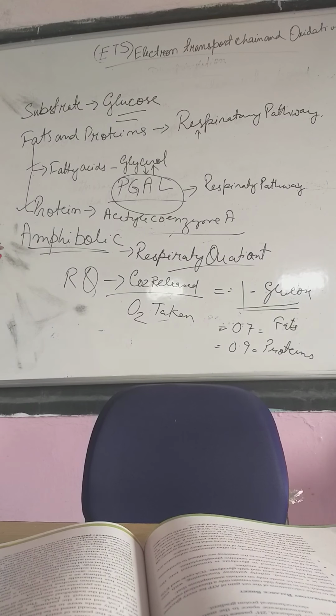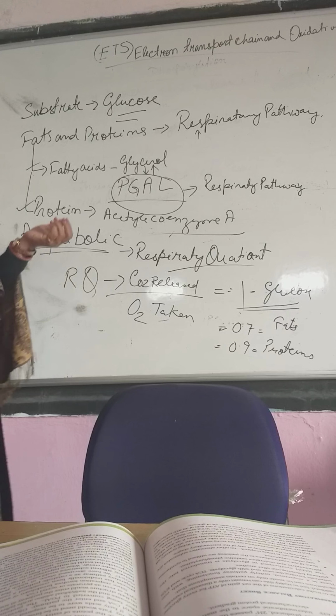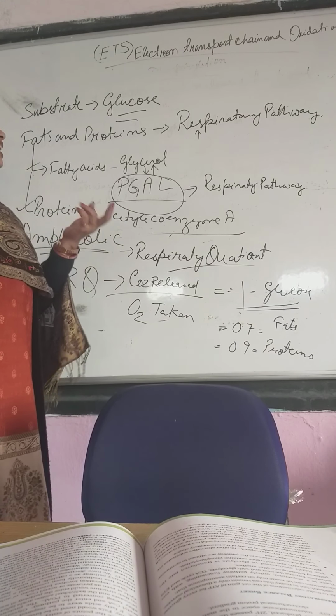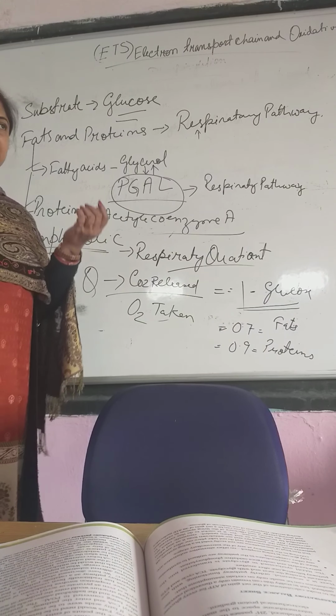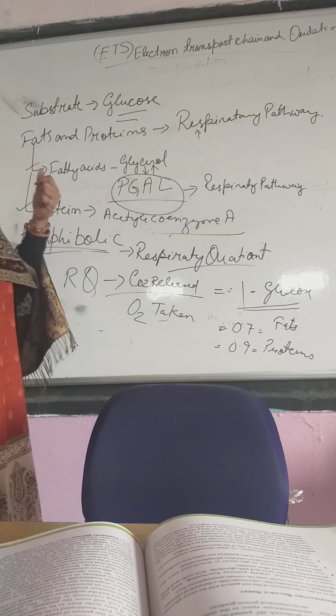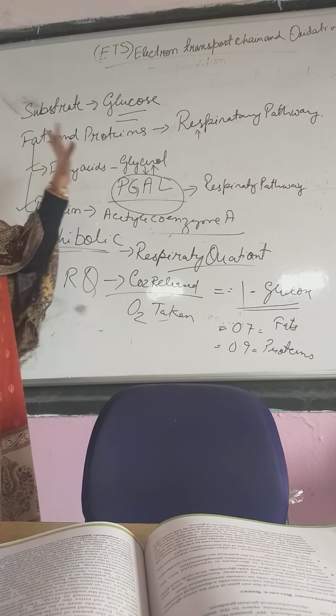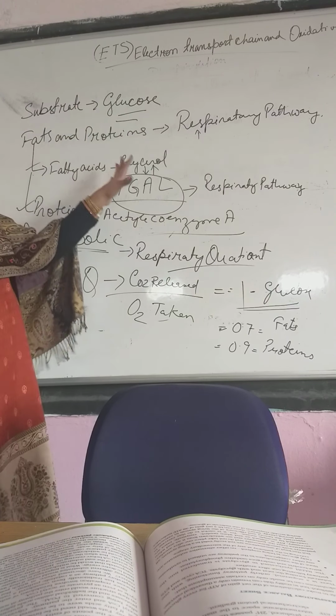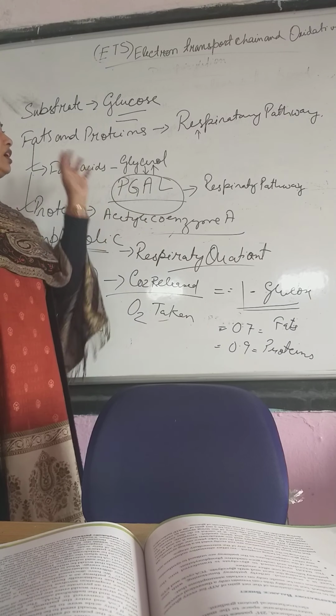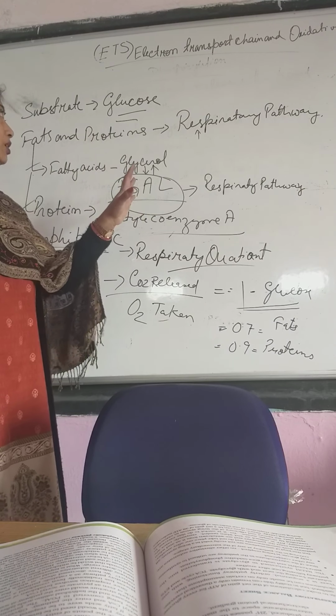So ultimately with this we come to the end of the total respiration in plants, and we have discussed the glycolysis, we have discussed the TCA, we have discussed the ETS, that is electron transport system. Basically, when the glucose is broken down into carbon dioxide and water, it is known as catabolism.